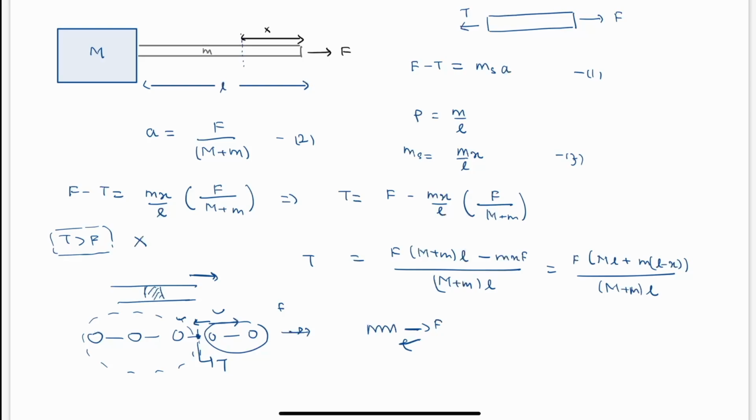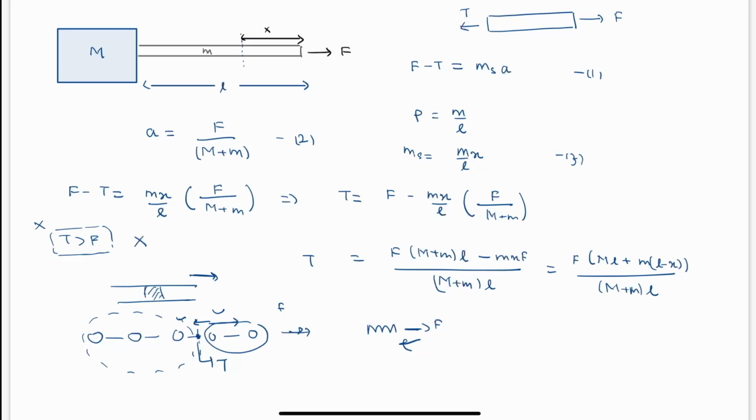Well, it doesn't happen in reality. It's like touching a switch and the spring automatically gets compressed. Well, this is not something that happens in real life. So this limiting case of tension being greater than force is not possible.